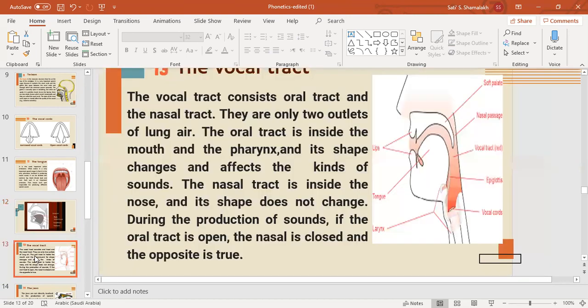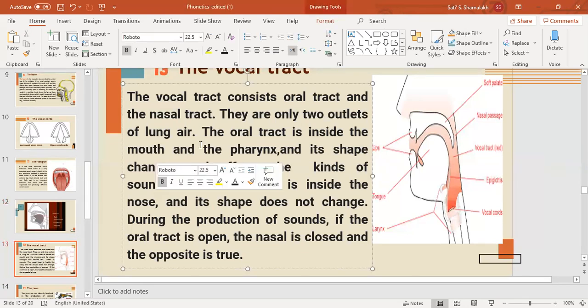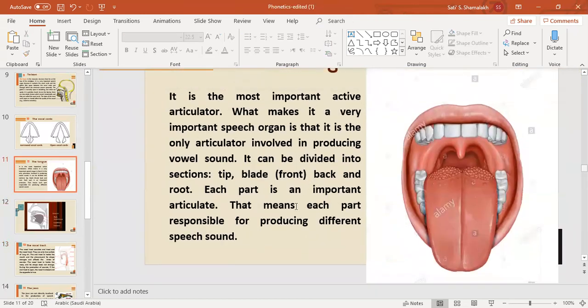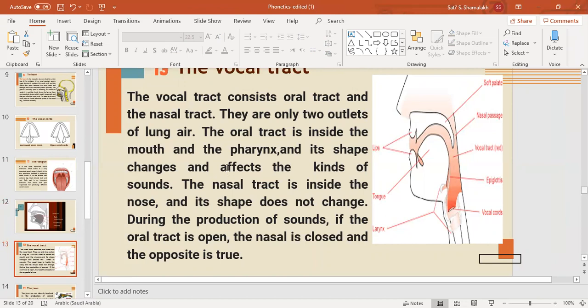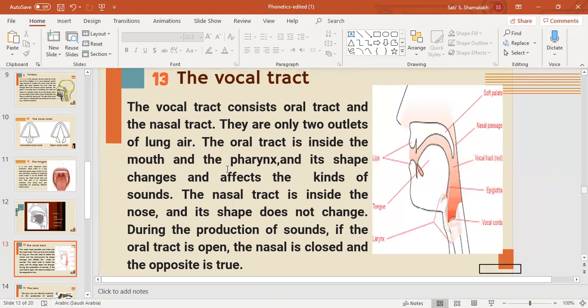Okay? Now, the vocal tract. What do you mean by the vocal tract? It means the mouth and the nose. Shortly, it means the mouth and the nose. This is the vocal tract. Here you have the picture.